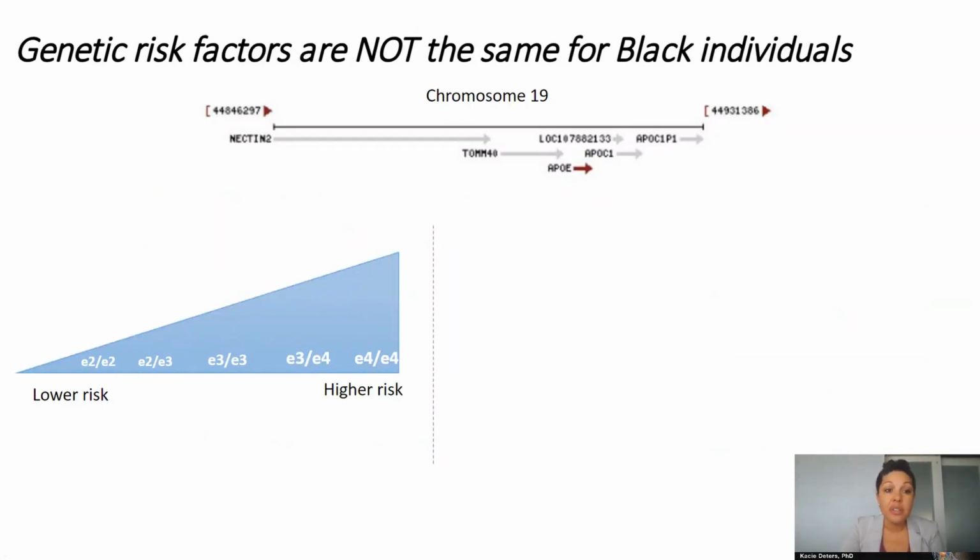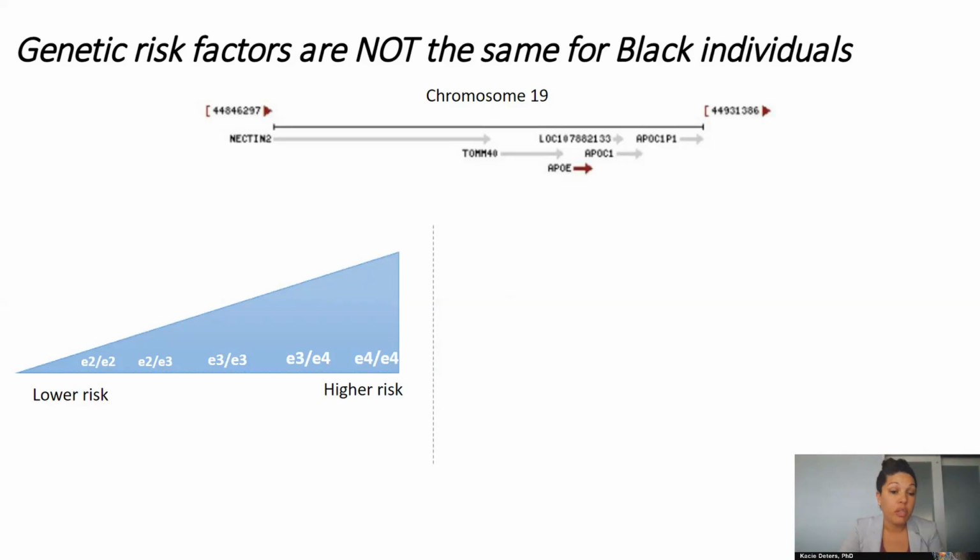Next, genetic risk factors are also not the same in Black individuals relative to white individuals. On chromosome 19 lie two different genes that confer risk for cognitive impairment and Alzheimer's disease. First is the apolipoprotein E, or ApoE gene. The ApoE gene has three alleles, E2, E3, and E4.